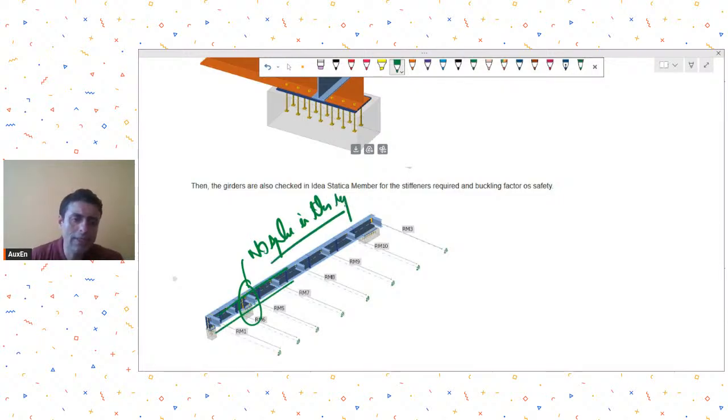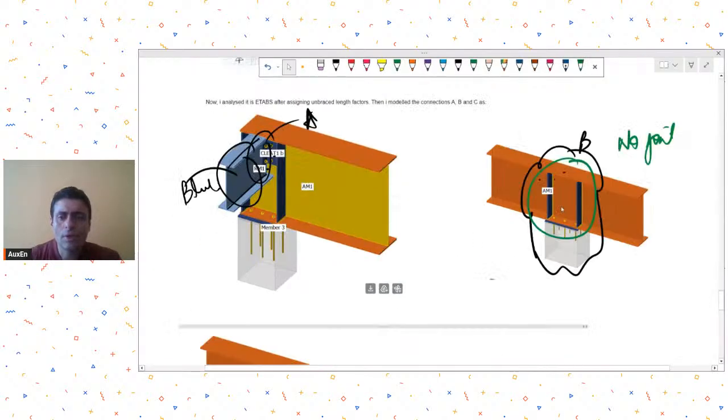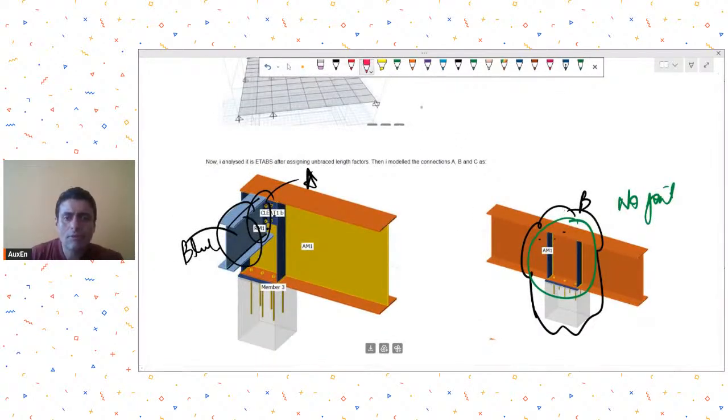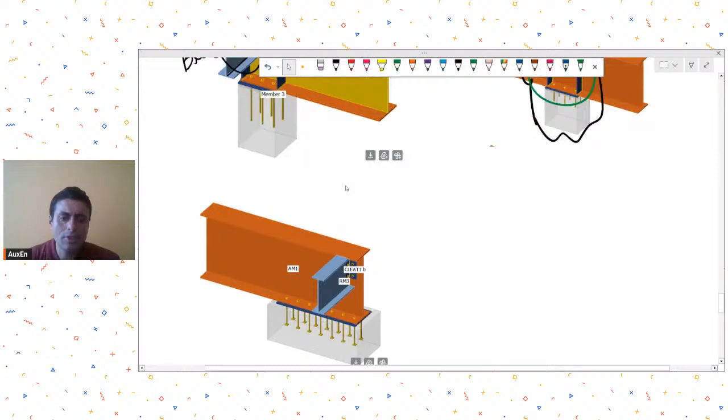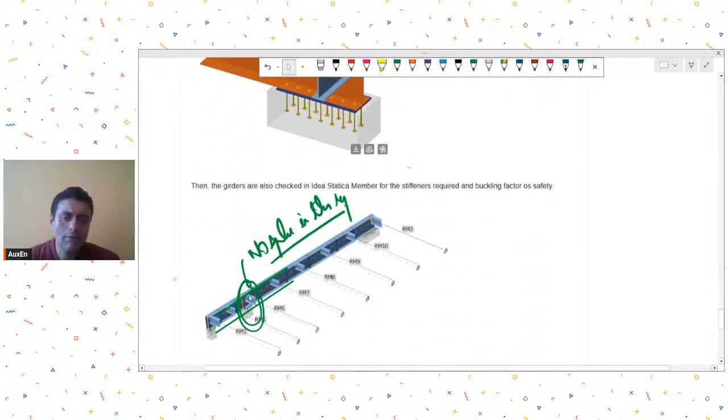There should be no splice provided in this region, because if you are going to provide a splice, then you will have to be careful, as there will be a hogging moment over here. So if you are providing splices, you will have to ensure that the splice plates, or whatever splice junction has been provided, are able to take these hogging moments at the connection B. So my first observation is that you don't have any splicing in this B region.